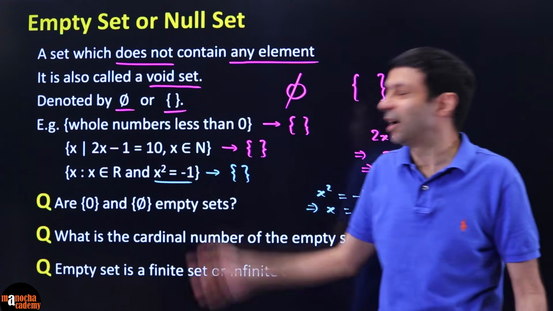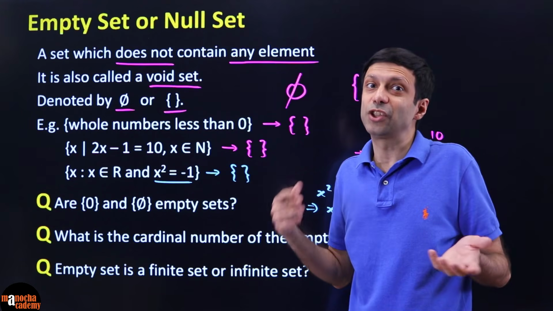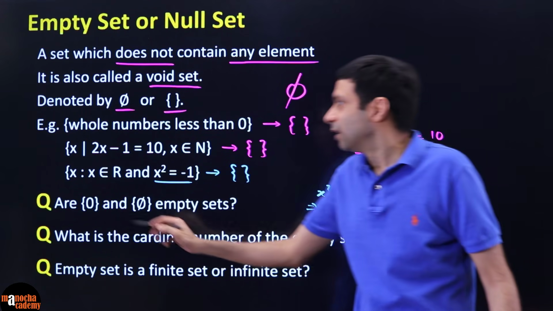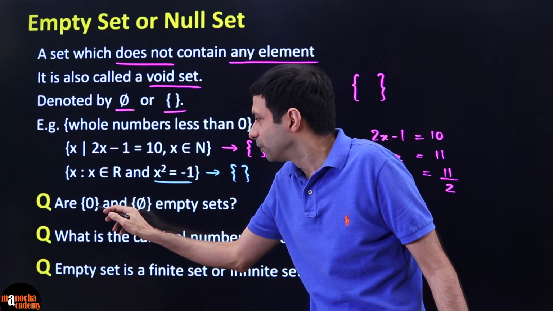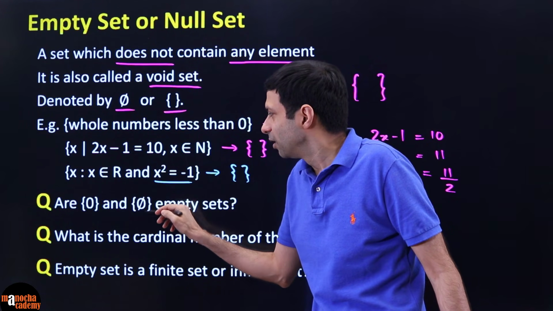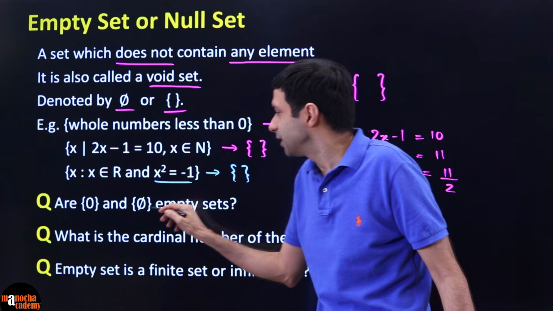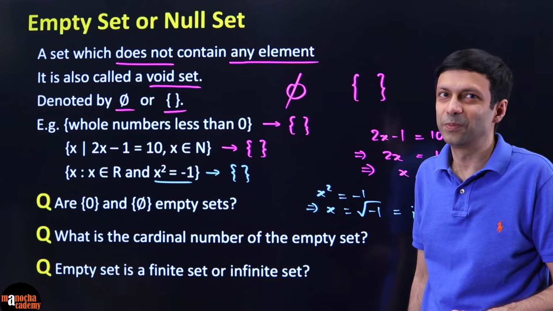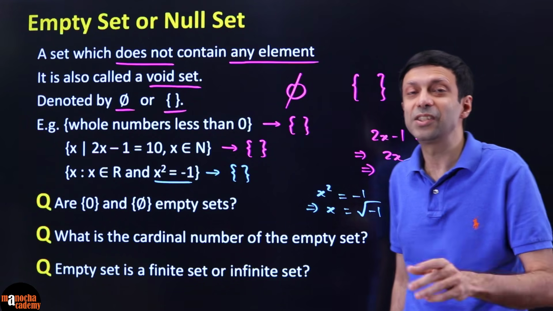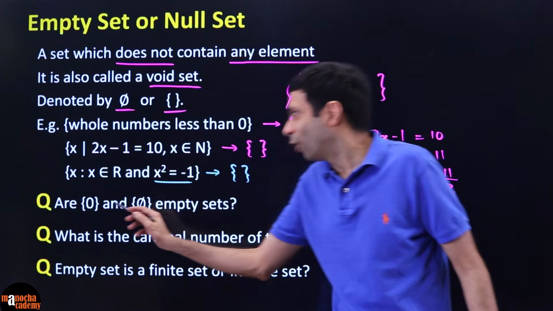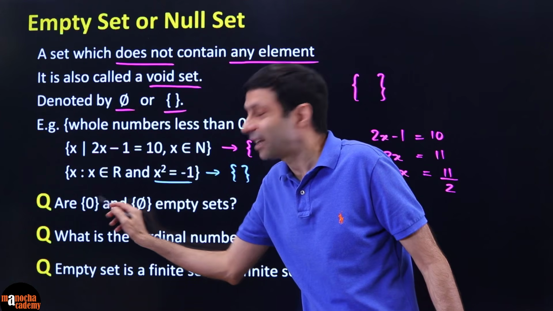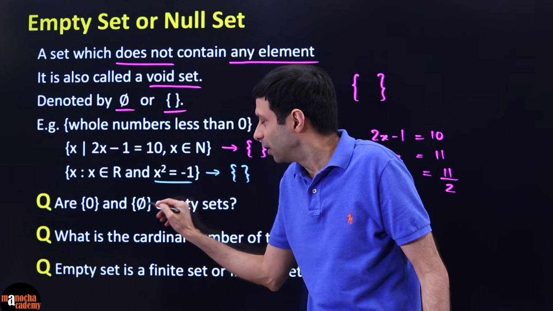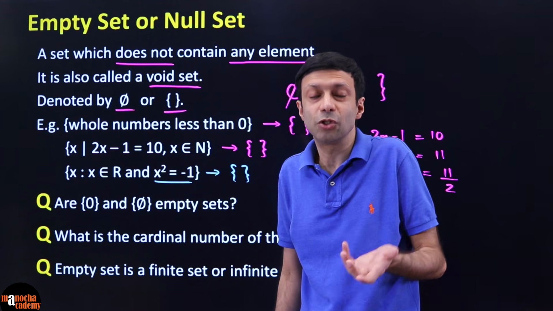So these were some examples of empty sets, sets which contain nothing in them. Now what about this? Are {0} and this null representation within the set, are these empty sets? What do you think? Yes or no? The answer is no, because this set contains one element, 0, and even this phi symbol is also a symbol.